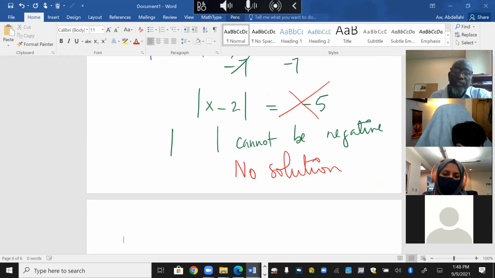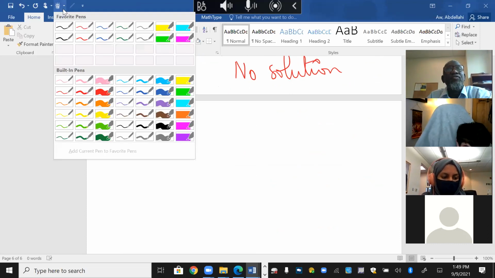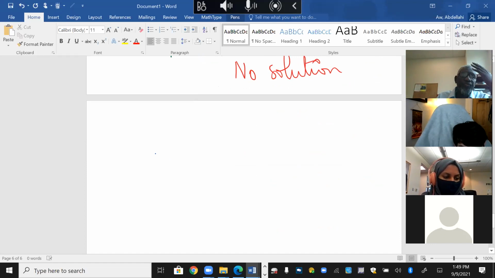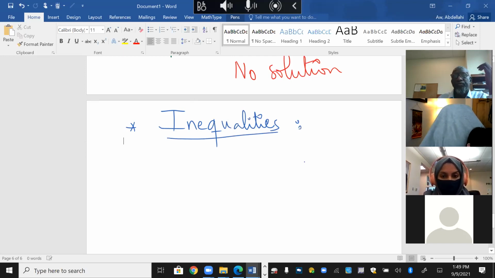Of course, after the equations, we're going to see the inequalities. Inequalities is a topic that comes right after equations.